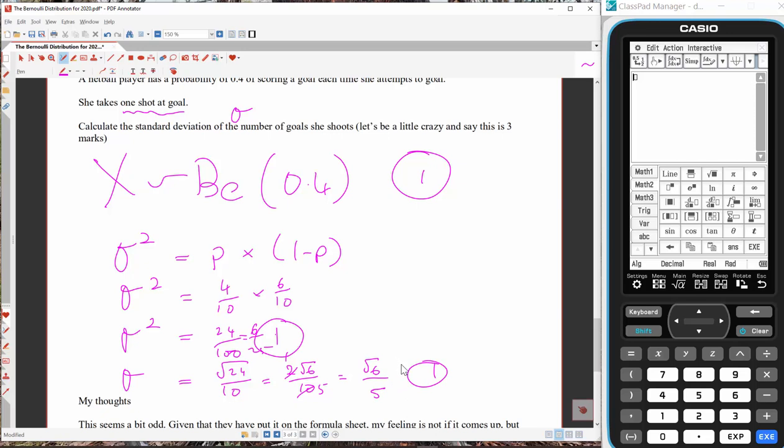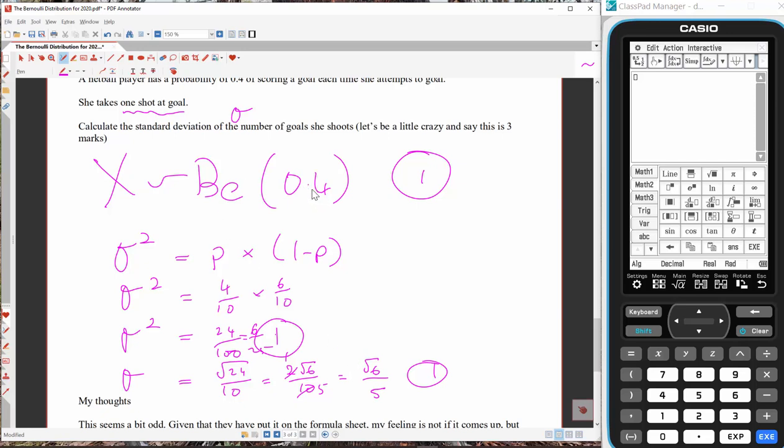If you ask me what that means in terms of standard deviation and spread, I'm not sure really what we can conclude, but it just shows the spread of values around the mean, or the expected value.